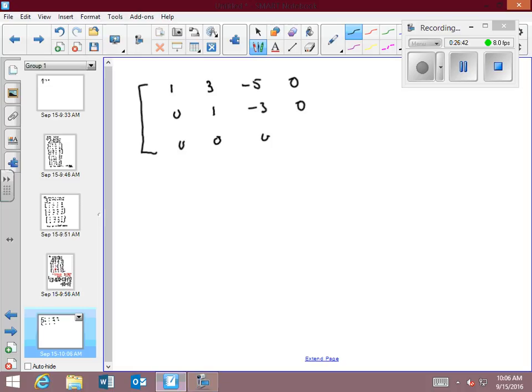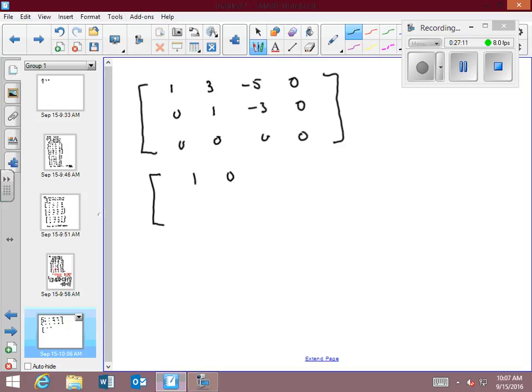Okay. Do you see what I did wrong? I could have eliminated that 3. Should have eliminated that 3. And so, if I do eliminate it, then it becomes 1, 0, and I'm multiplying -3 times the second row.